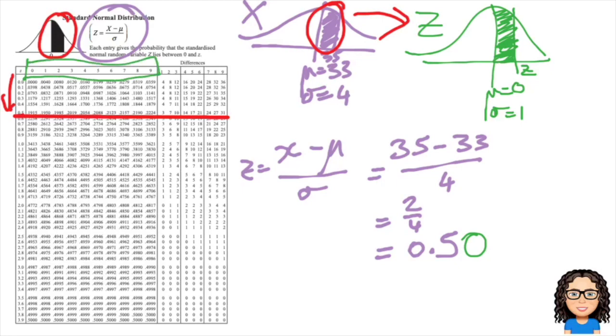So I'm going to go to the value of 0 at the beginning and match that up with the 0.5. That gives me that value there. So that is the probability, 0.1915, which is exactly the same as what we found on our graphics calculator, and that is our answer to the question.